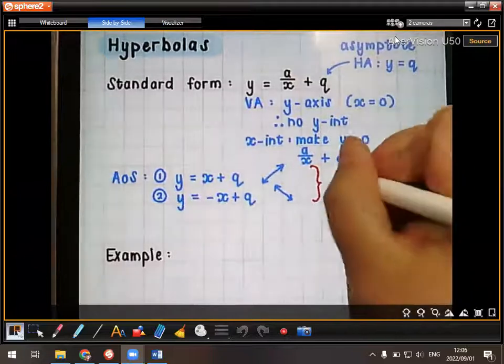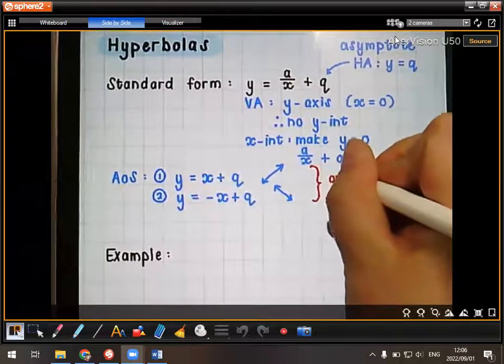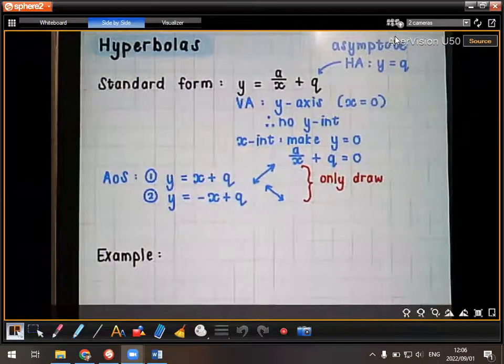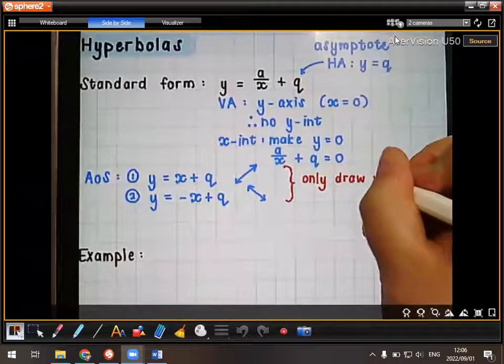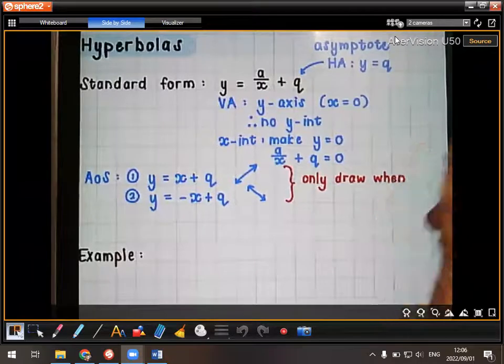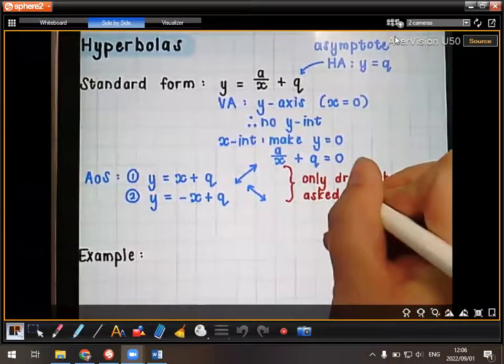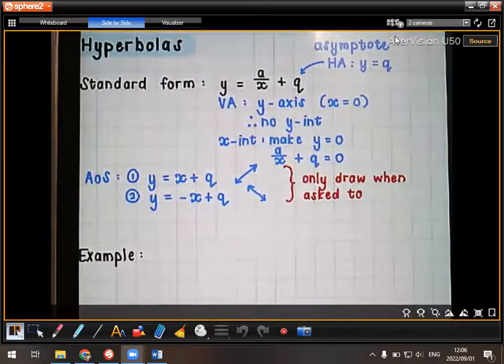So for the axes of symmetry, you only draw them when asked. Your intercepts, you're always going to have to plot. Your asymptotes, you're always going to have to put those in. But the axes of symmetry, guys, you only draw that if it actually states in the question that you have.